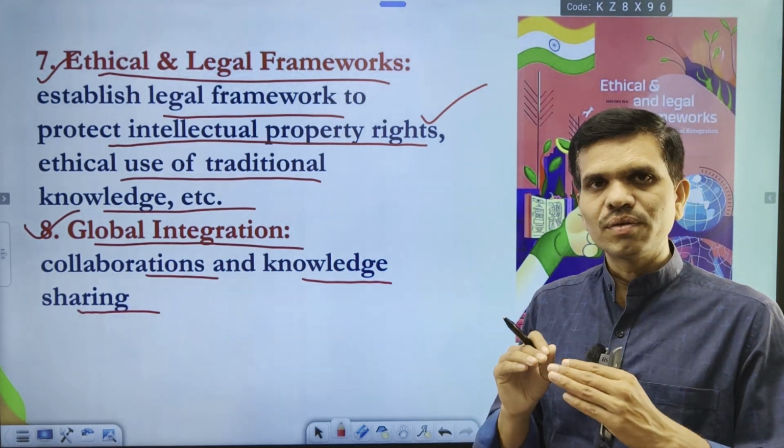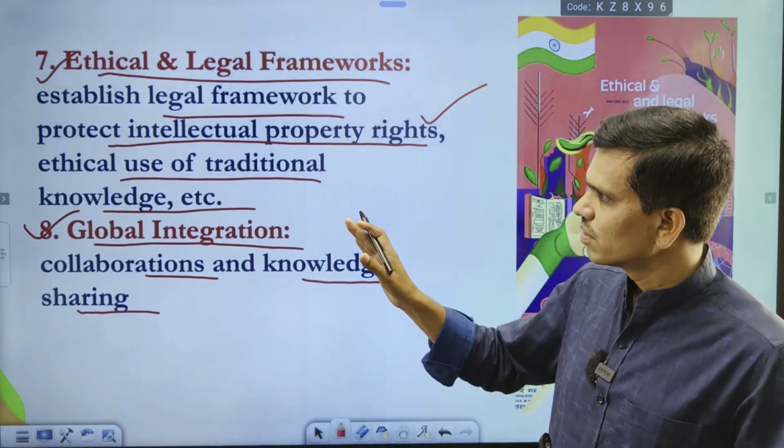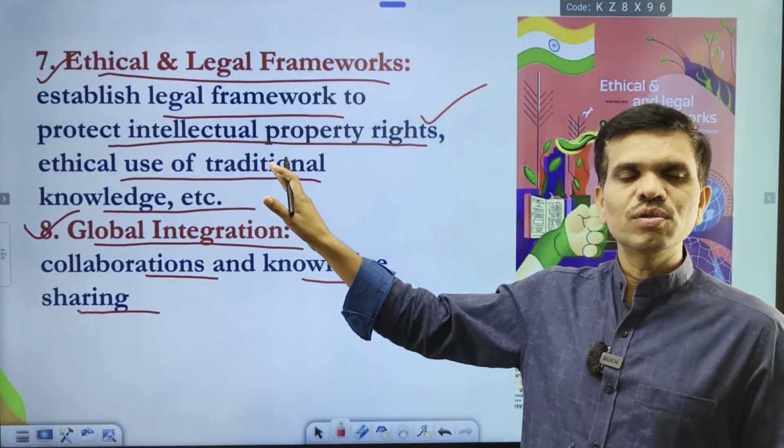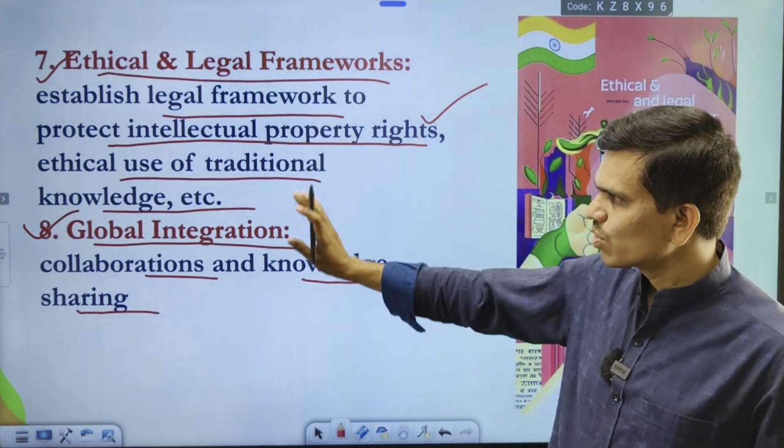And when we are collaborating and sharing our knowledge, we must keep one thing in mind, that it should all be legal practices and ethical practices. So these are some of the objectives.